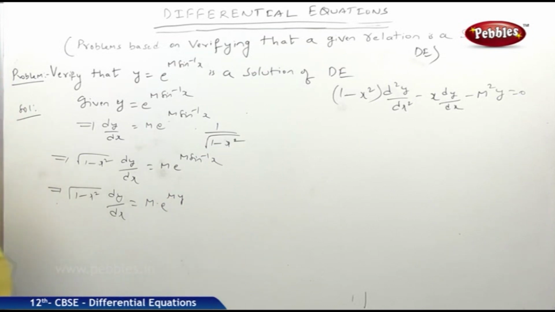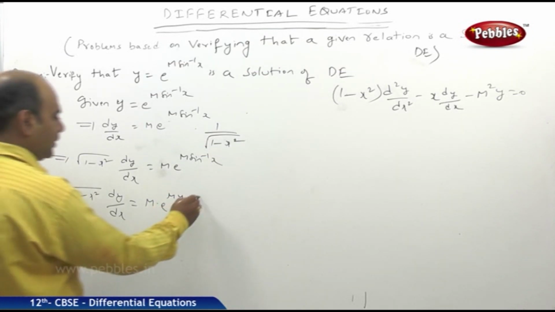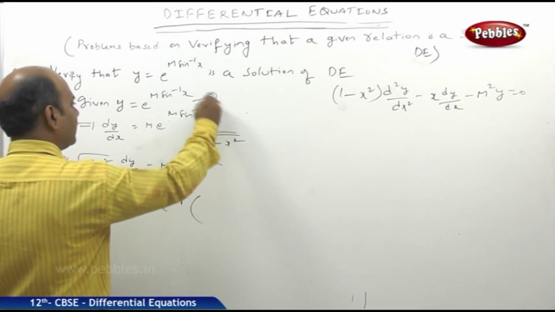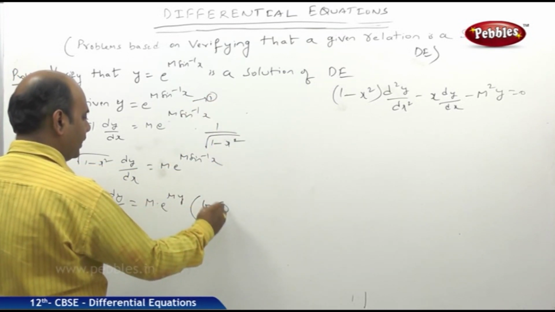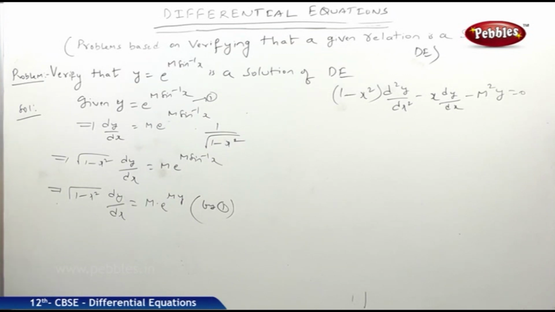So under root of 1 minus x square dy by dx is equal to m into e power my. How I got this, if I call this 1, directly I can tell by 1. Now I will be squaring on both sides.